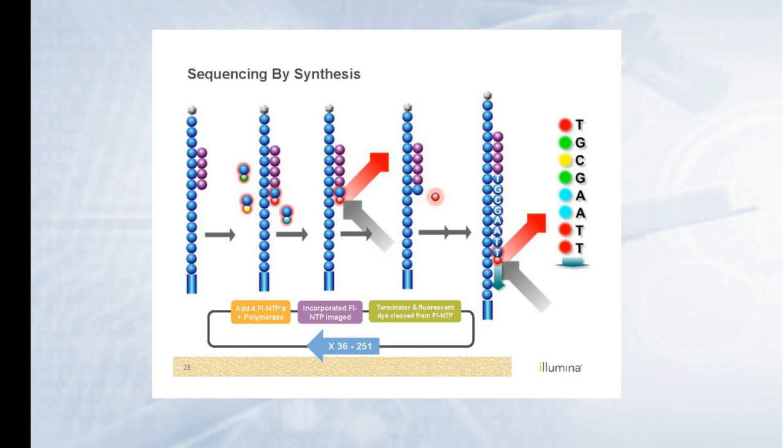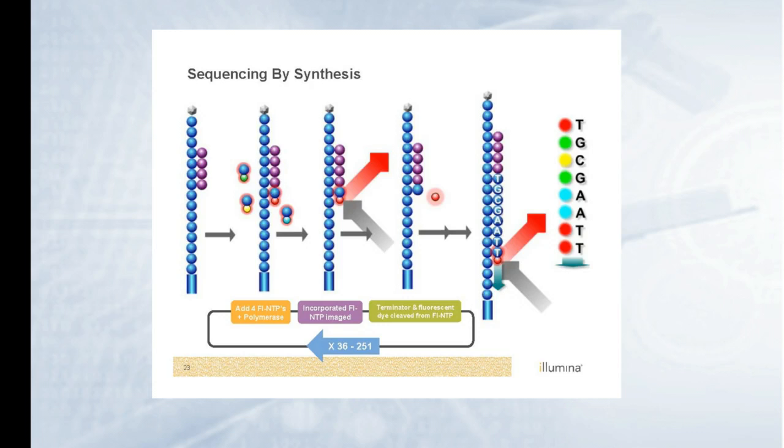And that's where the microscopy comes in. Then, in order to carry on, two things have to happen. One is we have to remove the color, so that fluor has to be detached. The other is that the sequence has to be unblocked so that the process can continue.